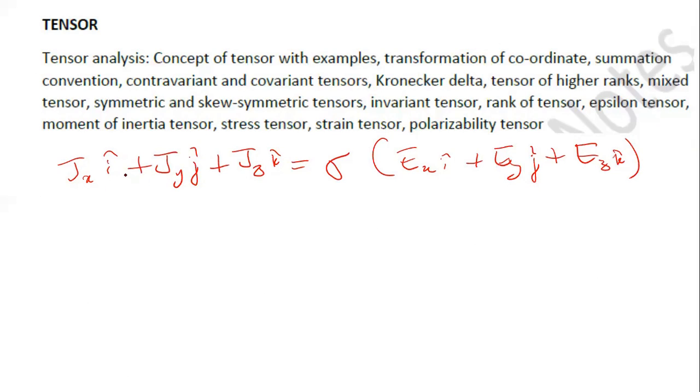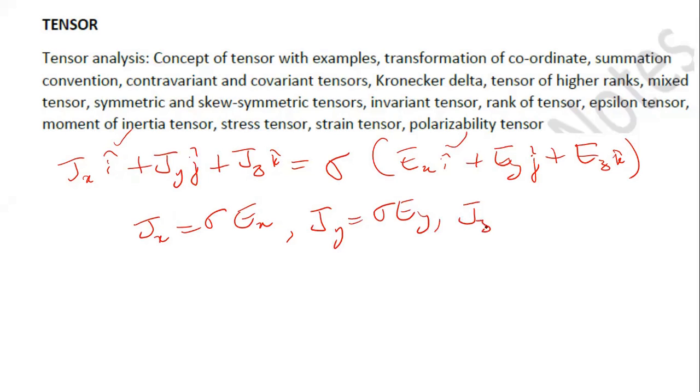Now from this you can see that the components will be jx equal to sigma ex, jy equal to sigma ey, jz equal to sigma ez.